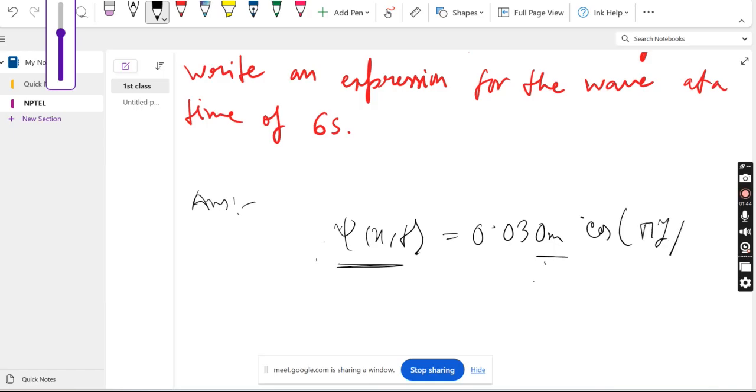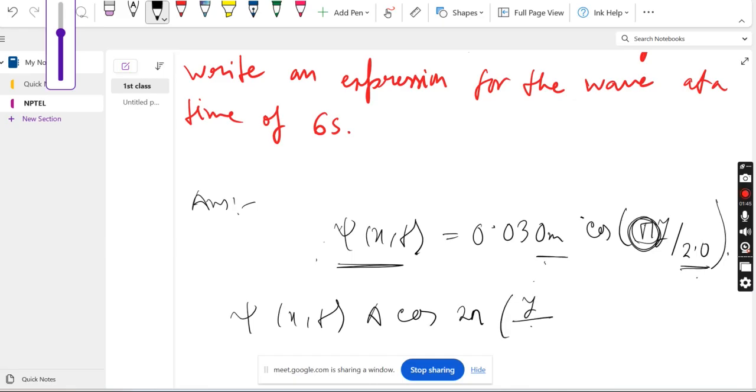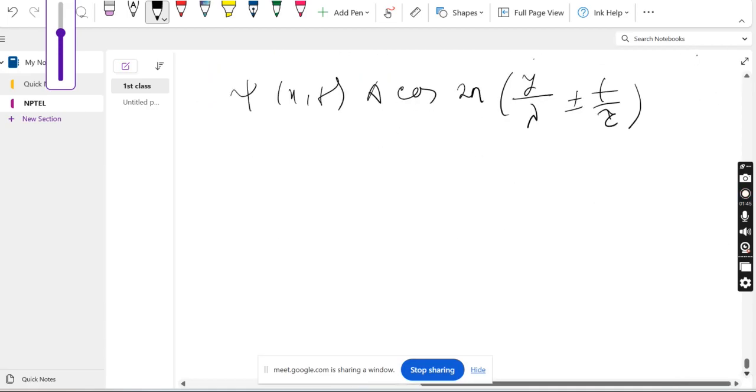5 y by 2.0. So basically, it is in the form of A cos 2 pi into y by lambda plus minus t by tau. So here A is 0.030 meter.